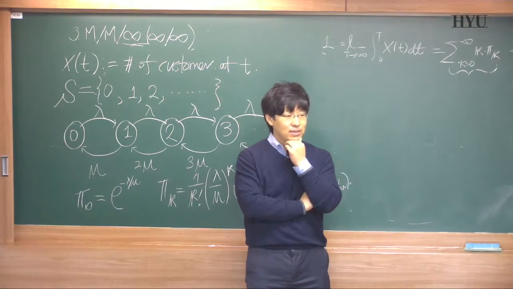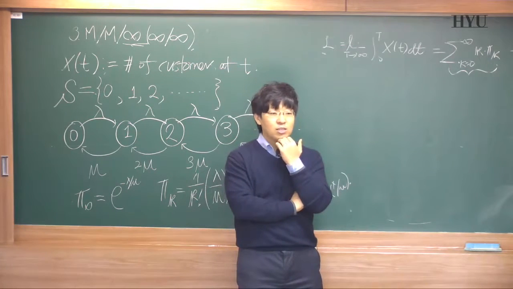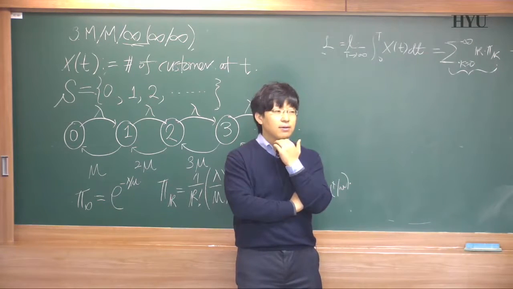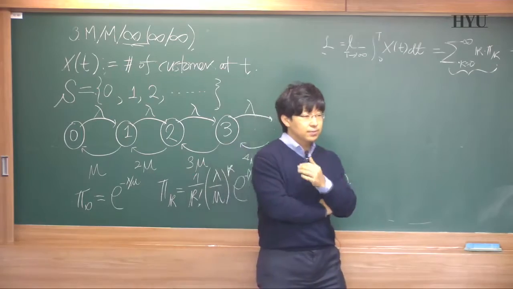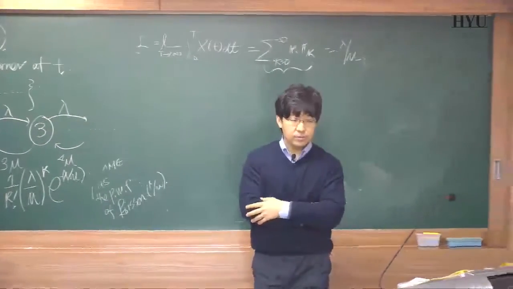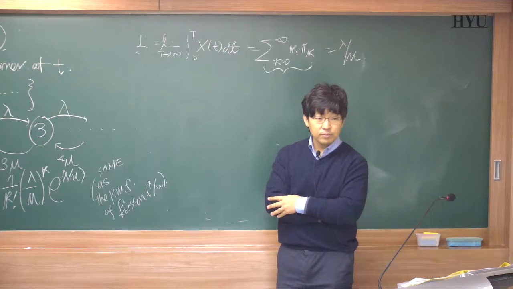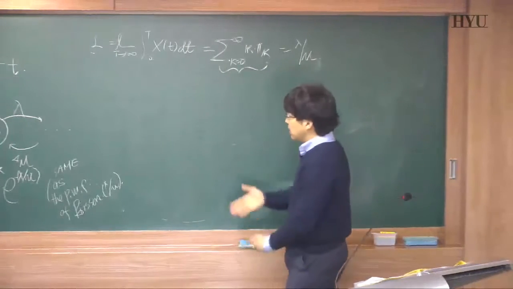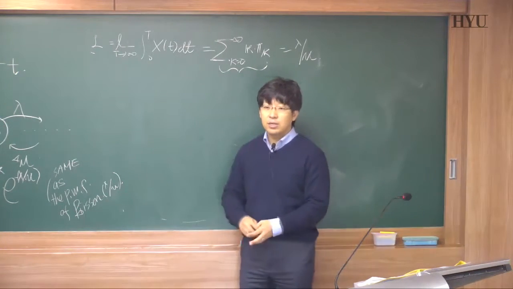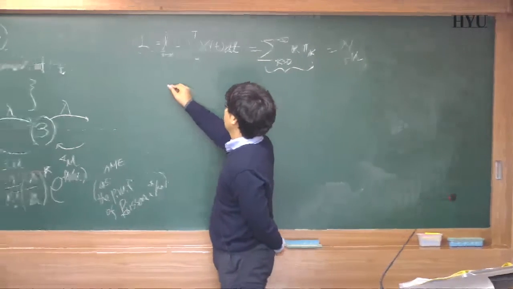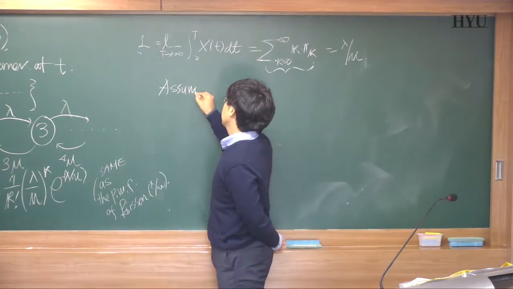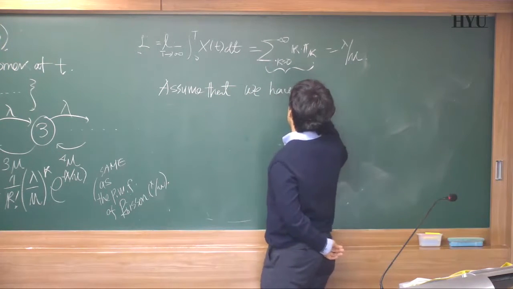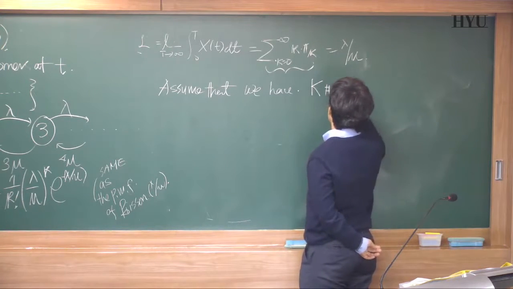Then how can you calculate the blocking probability? Let's consider we have 100 servers. How can you calculate the blocking probability? Capacity is 100. Based on the structure, how can you calculate? So assume that we have a large number K of servers.